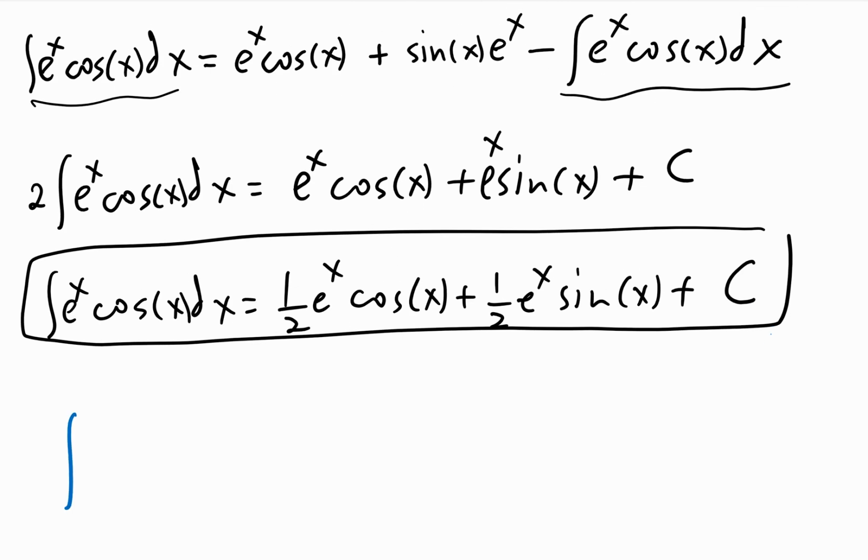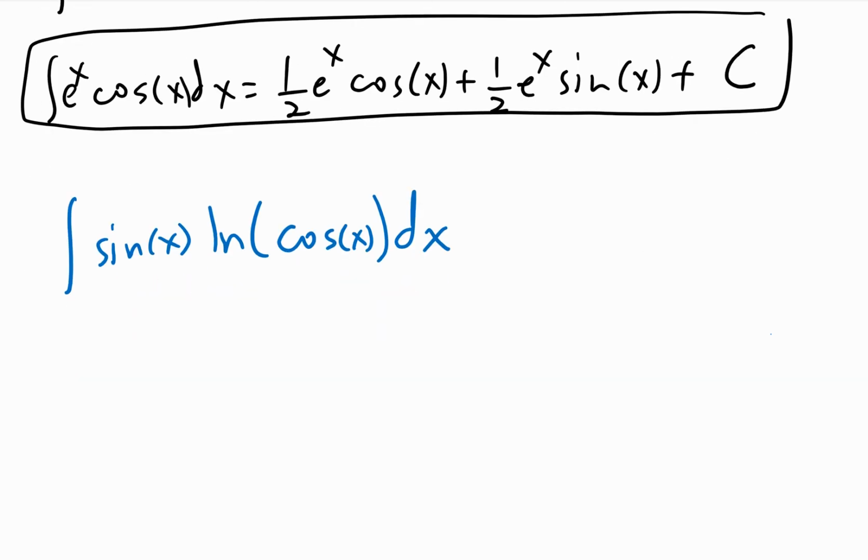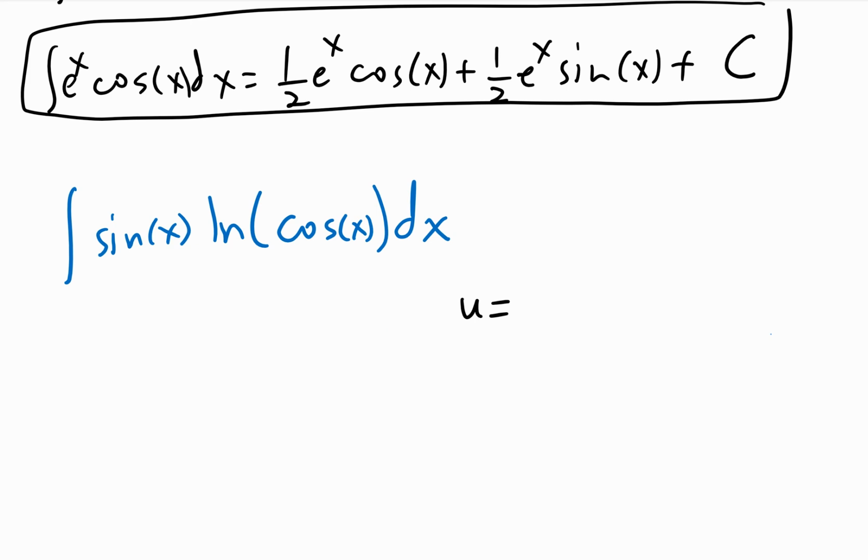And after we are done with that one, we have to integrate sine x natural log of cosine x dx. So our u is natural log of cosine x, and dv is sine x dx because the log comes before trig.